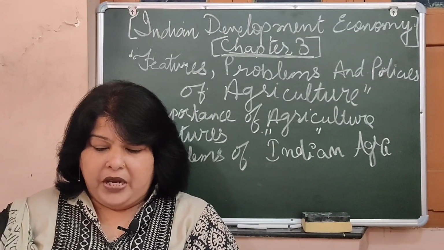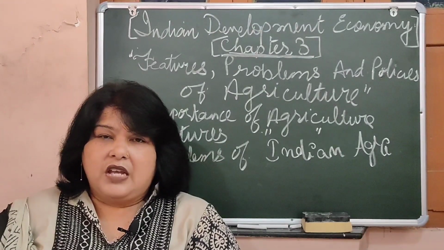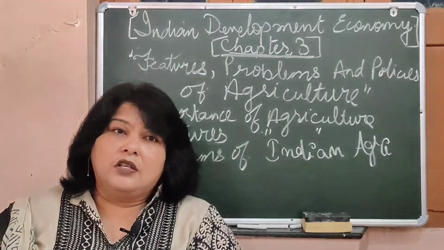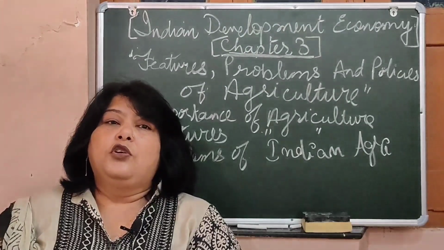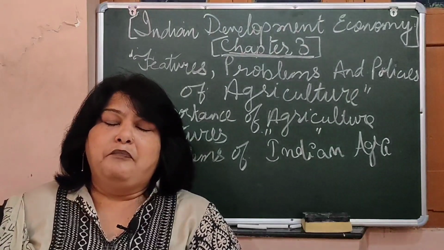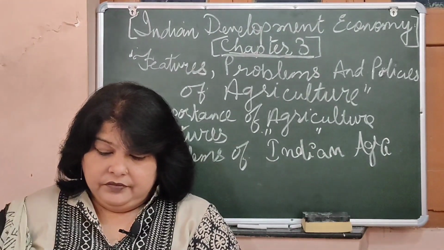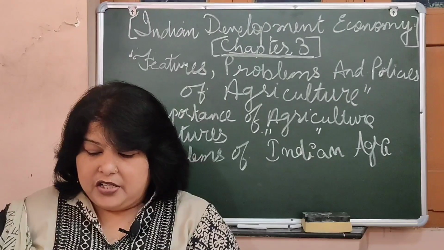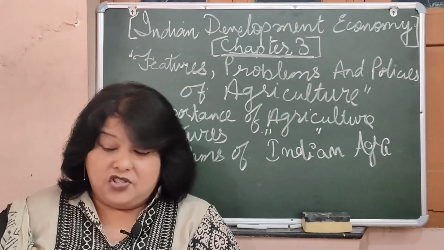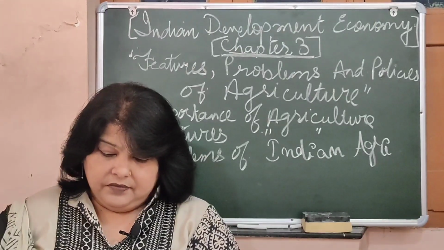Moving on to another topic, features of Indian agriculture. Features, as you all know, though it is the topmost sector, but still it proves to be backward. Low productivity. Taking up the rice, India is only producing 3.6 and China 6.8 tons per hectare.